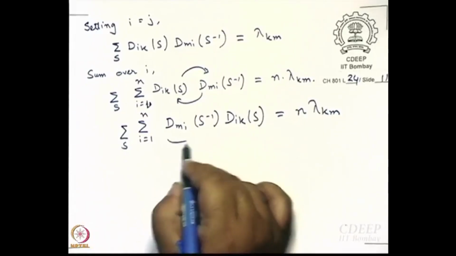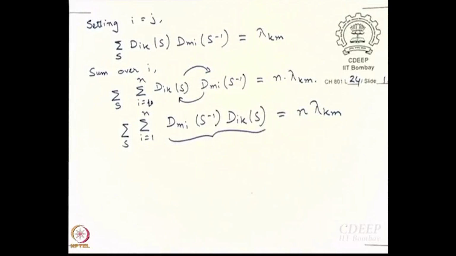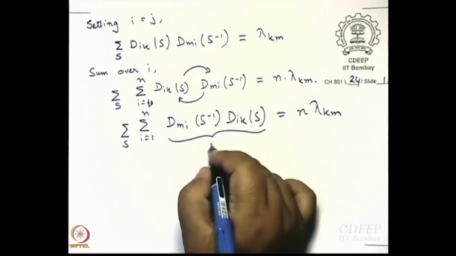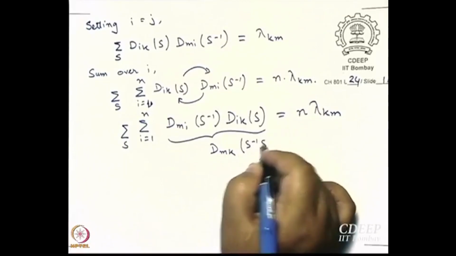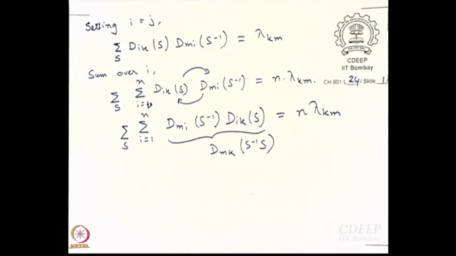What is this? Not the political party. D_mk of which matrix? This gives me d_mk of S inverse S, a very complicated matrix because you are multiplying a matrix by its inverse.